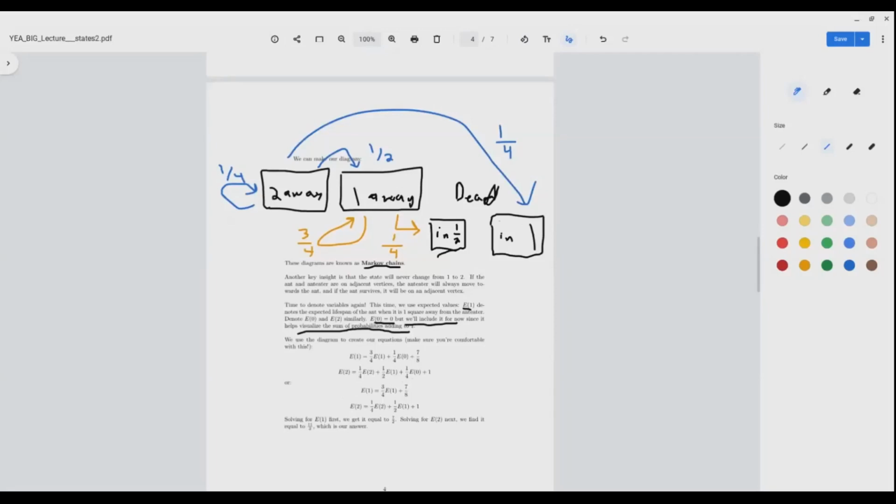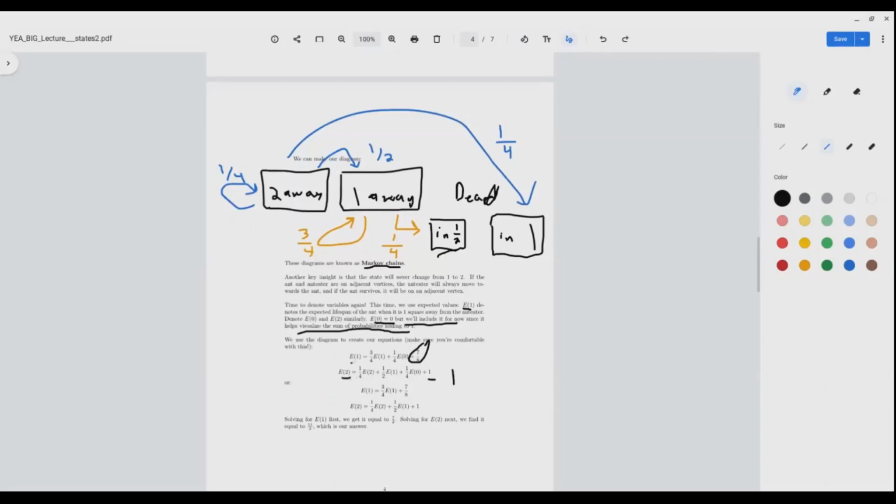This is just a restatement of this. The only weird thing here is the 7/8. Why is it not 1 here? So this 1 for E2 means that 1 second is always passed. So if the ant dies, or if the ant goes to a different vertex and survives, 1 second is going to pass before the next state.